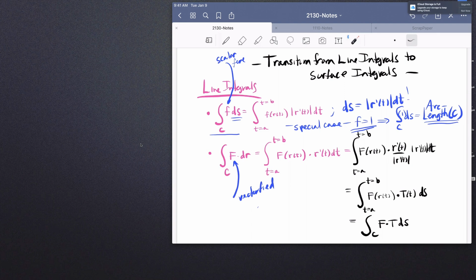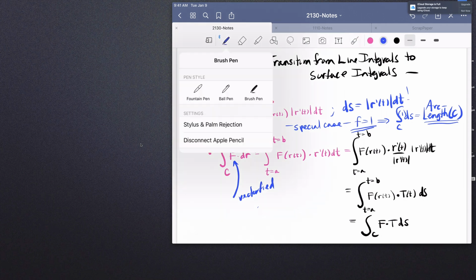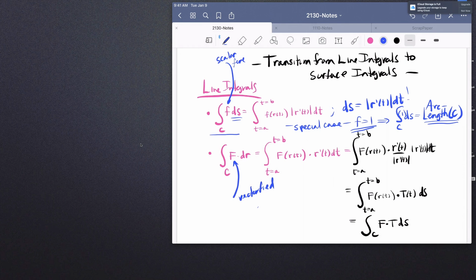Then a slight rewriting of r prime right here. If you divide by the magnitude and multiply by the magnitude of the vector, you've essentially multiplied by 1. And we can see from a prior section that r prime divided by the magnitude of r prime is what we call the unit tangent vector.